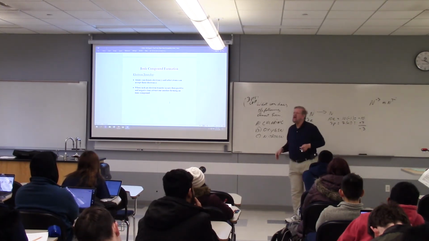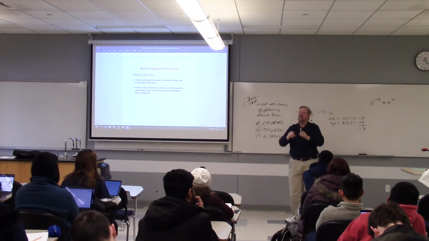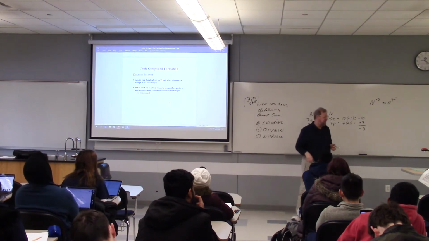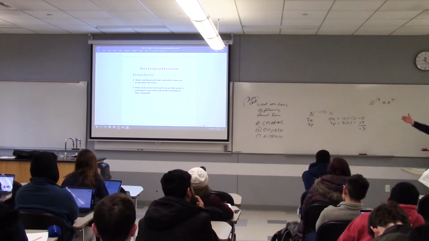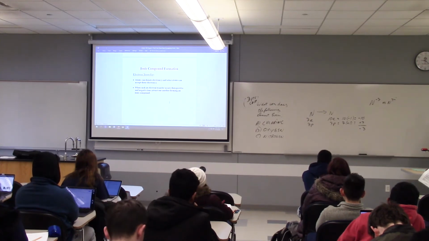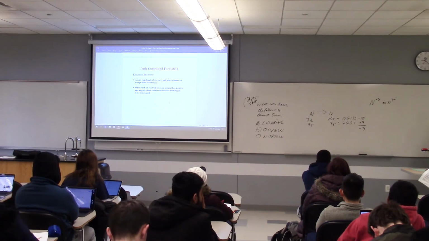Well, atoms form ions, and opposite ions attract to form a chemical bond, an ionic chemical bond. Remember, everything on the screen is available to you on Blackboard. Everybody got it written down? Who wants to write it down?